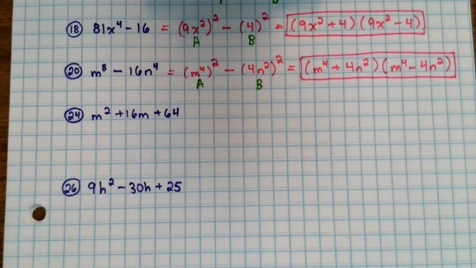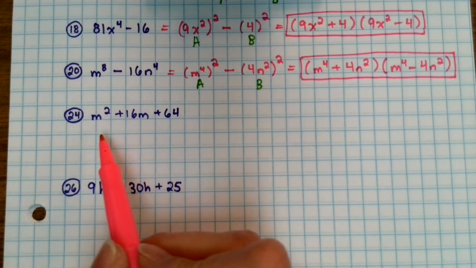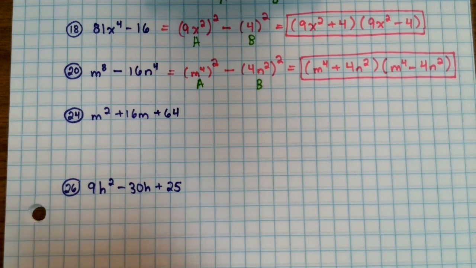Now, these next few examples we're going to take a look at, they do follow special forms, but they're not necessarily something that you have to memorize. So we have things like factoring perfect square trinomials, and it's not something you have to, like I said, memorize. You can do the same patterns that we've followed before with using this X method to help organize our thoughts so that we can get this factored into its most basic form. So with this trinomial here, if you don't know the rule for this perfect square trinomial, that is okay.